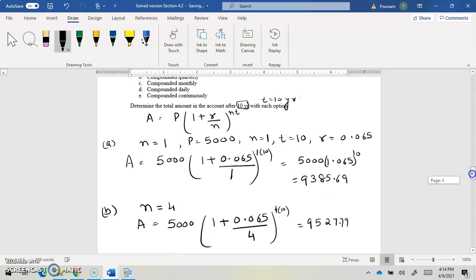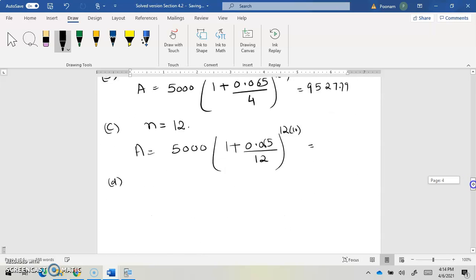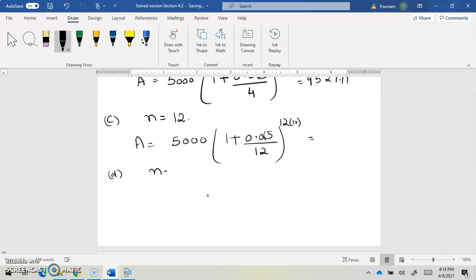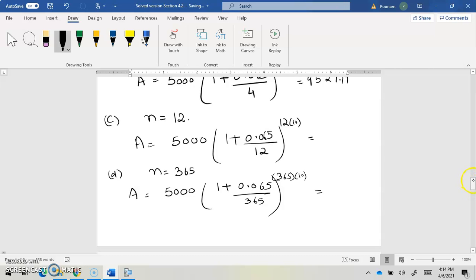Next we have compounded daily. How many days are in a year? 365. So amount would be 5,000 times 1 plus 0.065 divided by 365 raised to power 365 times 10. You can use a calculator to calculate that.